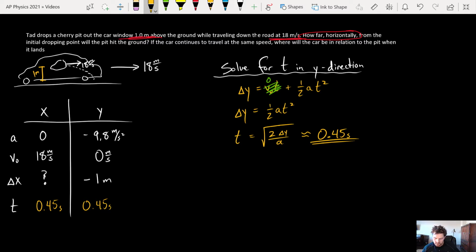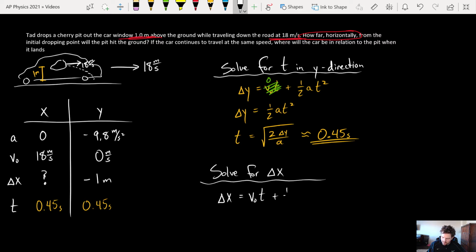From there, now I know enough in the x direction to solve for the missing displacement. Delta x is equal to velocity times time plus 1/2 a t squared. We should be getting the rhythm by now that I have 0 acceleration, so any projectile problem using that formula simplifies to velocity times time.